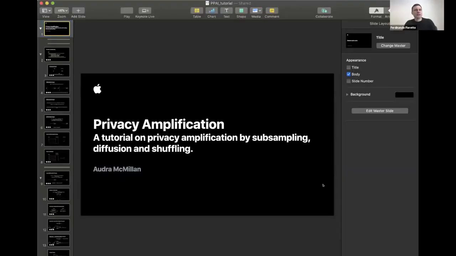Before that, she was at the University of Michigan in the Department of Mathematics. She has done a lot of very interesting work, including work in testing differential privacy. Today she's going to talk about a really interesting and nascent area, privacy amplification. So without further ado, I'll leave you the floor.